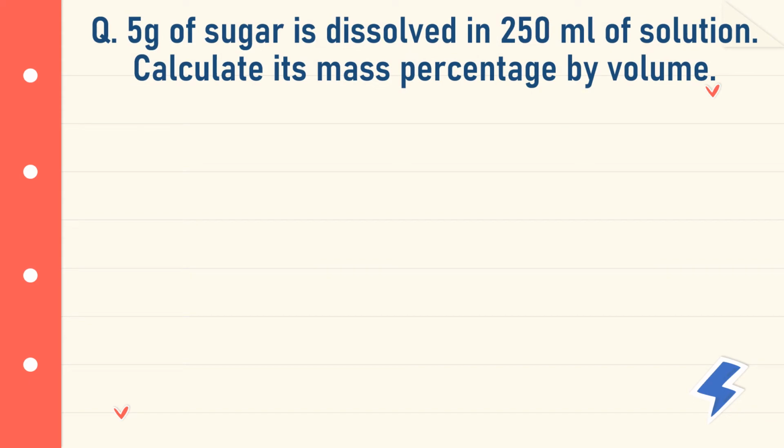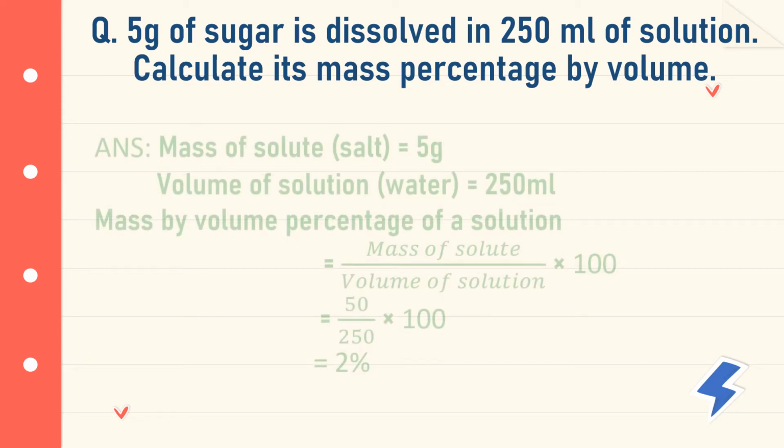The question is, 5 gram of sugar is dissolved in 250 ml of solution. You have to calculate its mass percent by volume. I hope the question is clear to all of you. We have been given the mass of solute and volume of solution.